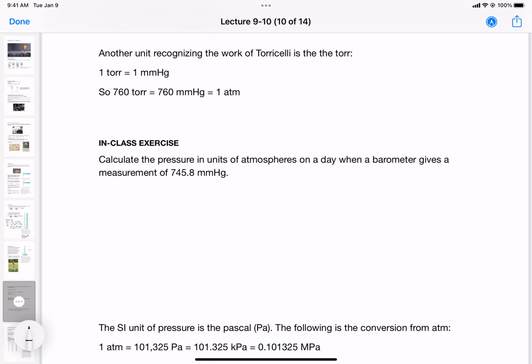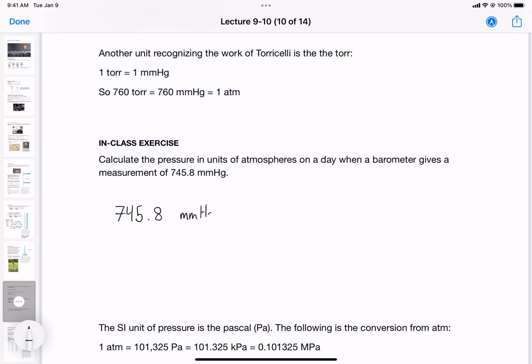All right, so let's calculate the pressure from 745.8 millimeters of mercury to atmospheres. Okay, so 745. Oops. Sorry, that should be 745.8.